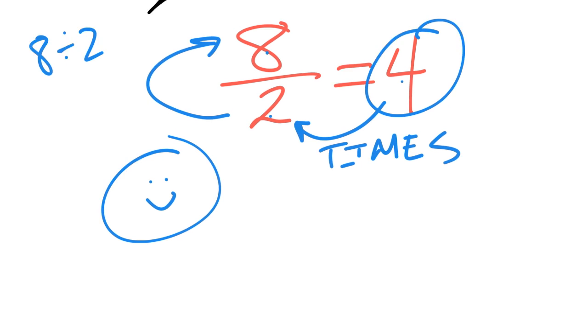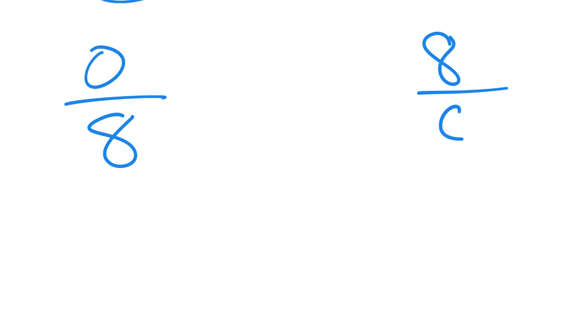But that brings us to, what do we do when we're dividing by zero? So what I'm going to do is take two different division problems here. Let's take 0 divided by 8 and 8 divided by 0. And again, I'm just making these numbers up. There's nothing special about them. But based on the fact that we know 8 divided by 2 is equal to 4, 4 times 2 equals 8, we can use that knowledge to help us figure out what our answer is.